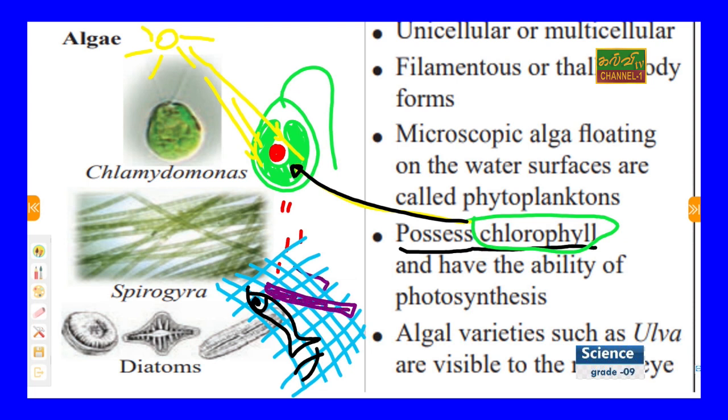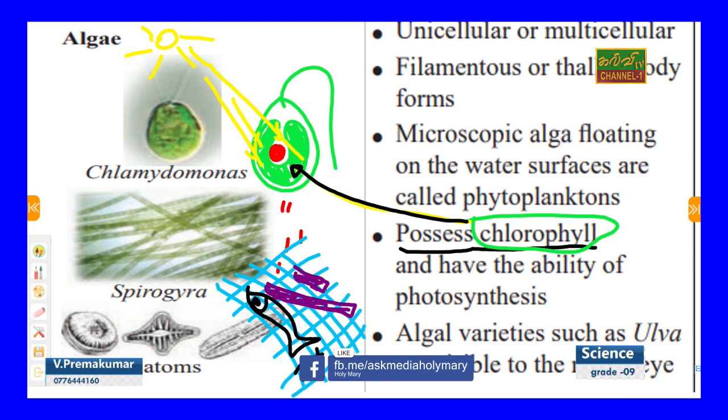I visited the beach side and found these small paper-like brown or green growths in the net, when they take fish and it falls on the beach side. That is called Ulva, U-L-V-A.